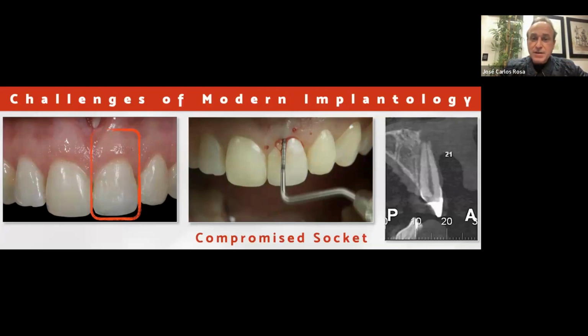So we have 2 issues to be managed. The quality of the soft tissue was quite thin. We have the presence of the huge infection, and we also have the total loss of the buccal bone wall. So how to manage a very challenging clinical case like this in your daily practice? That's the main question to discuss with you today.